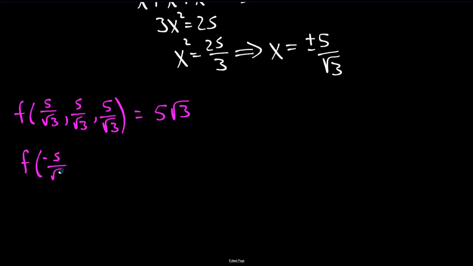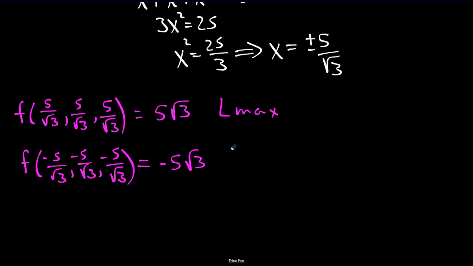Negative 5 over the square root of 3, negative 5 over the square root of 3, and negative 5 over the square root of 3. Well, if we do that one, we get negative 5 square roots of 3. And so if you look at these two, you get up here a local max, and on this one, a local min.